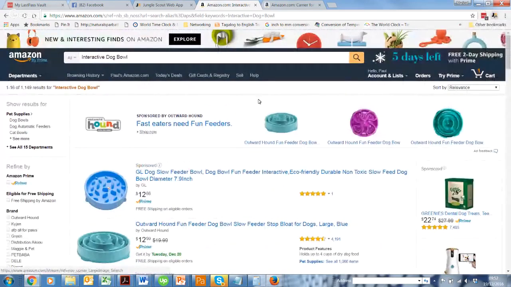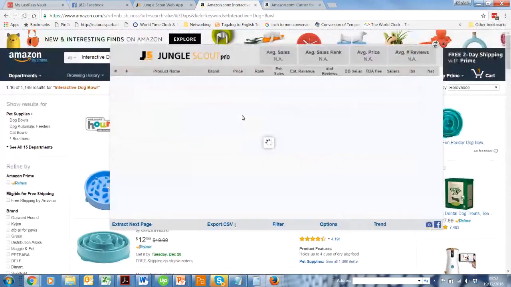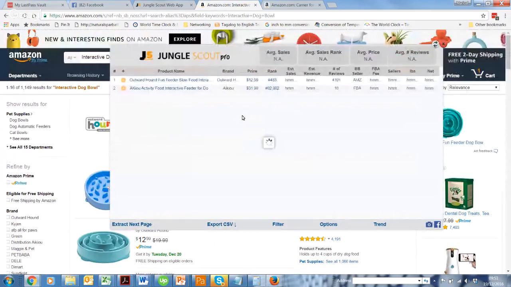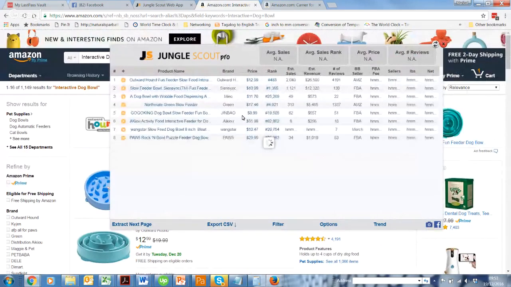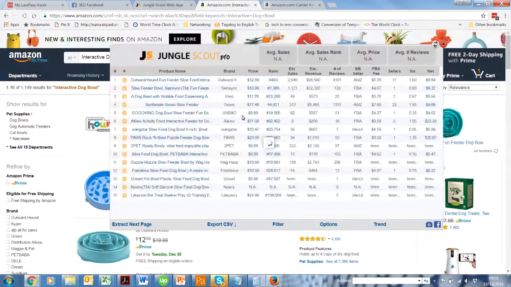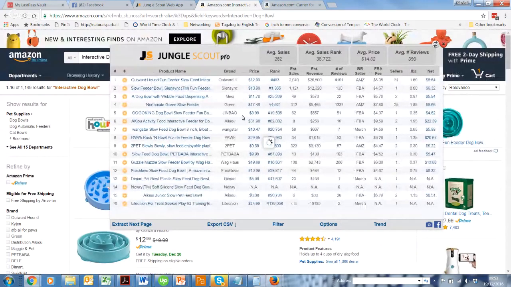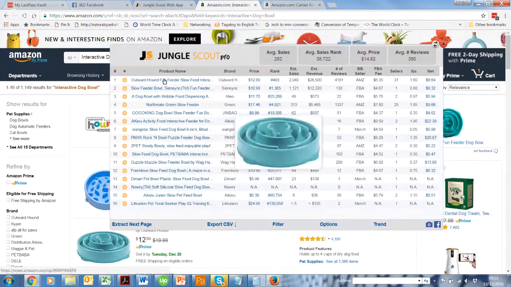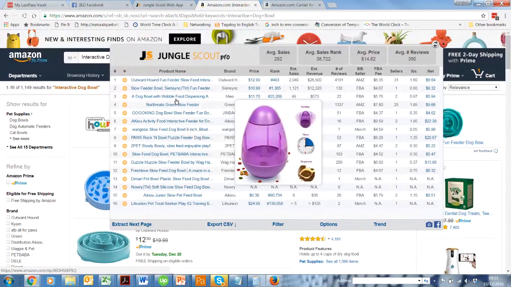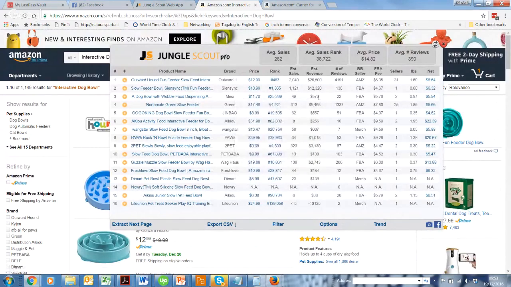So let's just jump on down. Now, if you look at the estimated revenue on this, we've got the top guy here doing a stellar job, but then the third guy down, he's doing $500 a month.